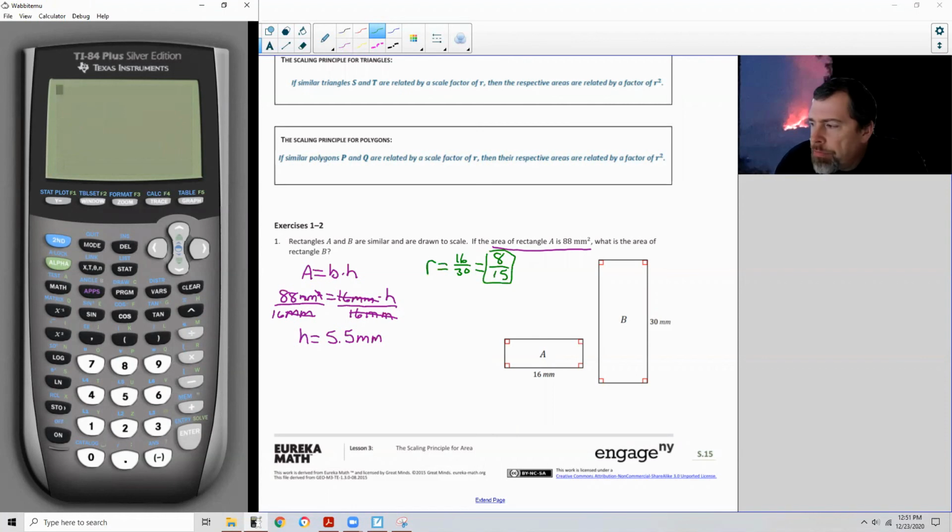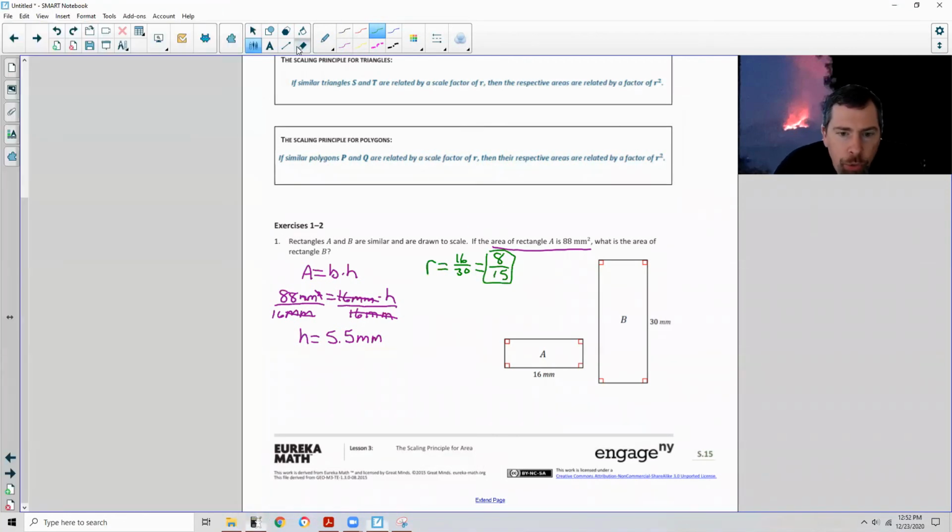Wait, what? Okay, I went the wrong way. Hello, my fault. All right, so whenever something doesn't make sense, question it, because that did not make sense to me. So I questioned it, and then I got thinking, oh, hello. We're going small to big. That's a factor of greater than 1.